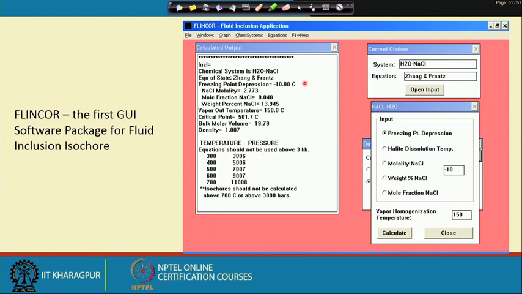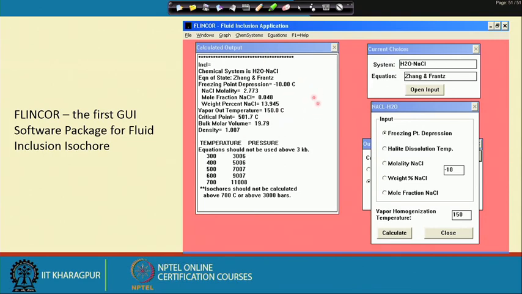Those formulations were actually formula translations from the existing formulations at that time. Suppose a particular formulation was only applicable in a range of 300 to 700 degrees Celsius, then a warning comes that this isochore should not be calculated above 700 degrees centigrade or 3000 bars, depending on the formulation proposed by the authors, like for example what is written here.